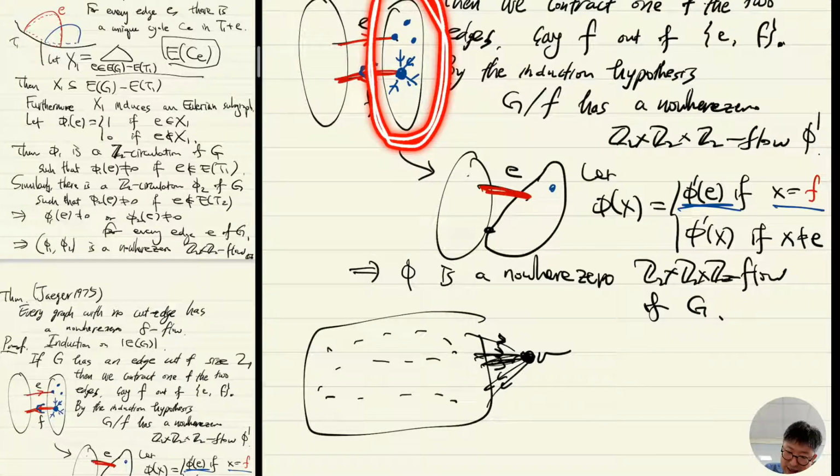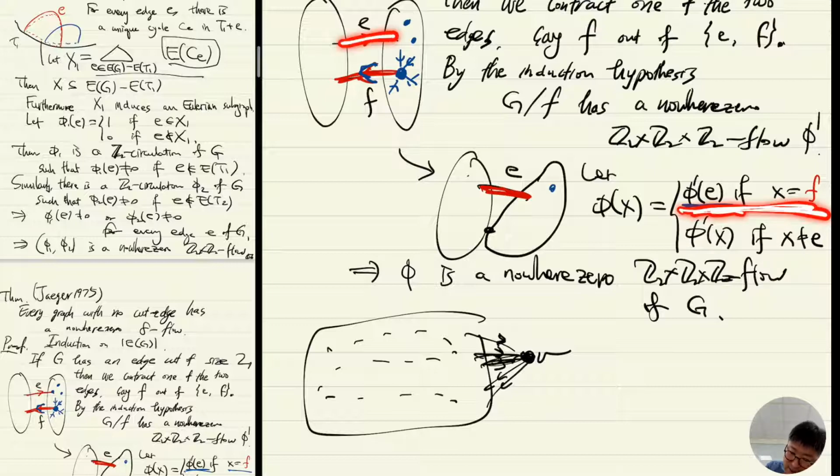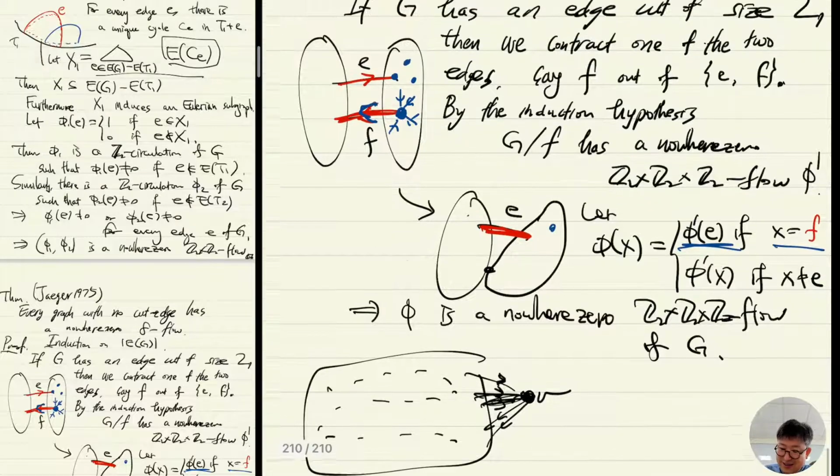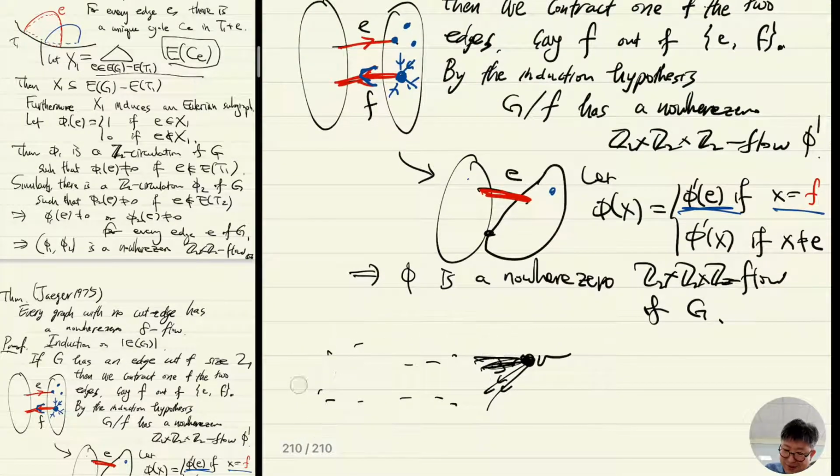So inside this set, I'm adding the sum of incoming and the sum of outgoing. Then that has to be 0. And if that's 0, then this vertex will satisfy the flow condition. So I just made sure that this cut will make a 0. So this is outgoing, incoming. This will make sure that this minus that is 0, right? And that will imply that this vertex satisfies the flow condition. By symmetry, that vertex will satisfy the flow condition. All right. Maybe I didn't have to say that all but one vertex need to be checked.